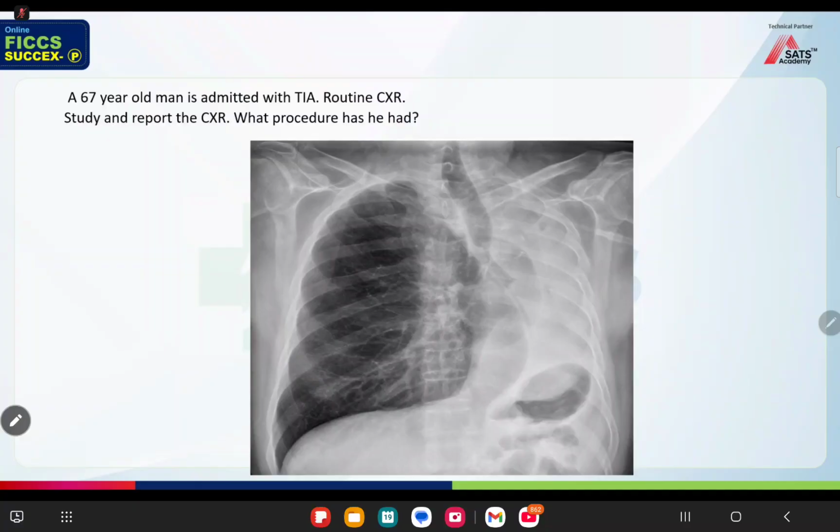So due to the main bronchus being obstructed by secretions, there is lung collapse. Okay. Anything specific about this? Main bronchus cut off and pulled towards the left side.